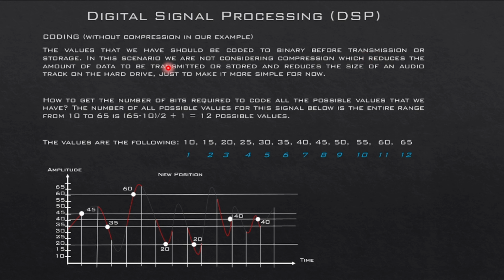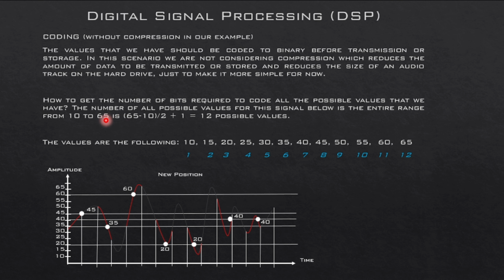In this scenario, we are not considering compression, which reduces the amount of data to be transmitted or stored and reduces the size of an audio file on the hard drive, just to make it more simple for the explanation. So how to get the number of bits required to code all the possible values that we have, without, of course, afterwards performing a compression, only straightforward coding.